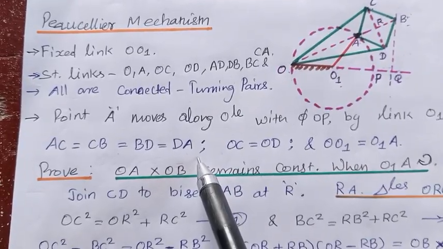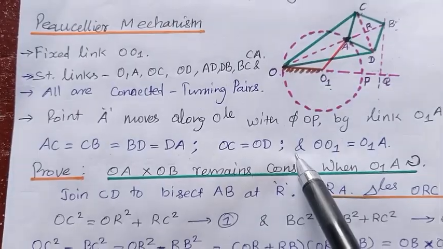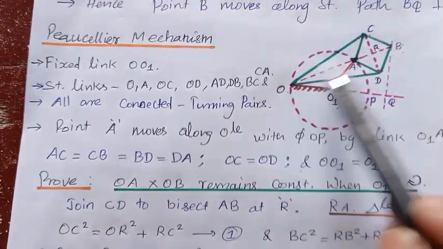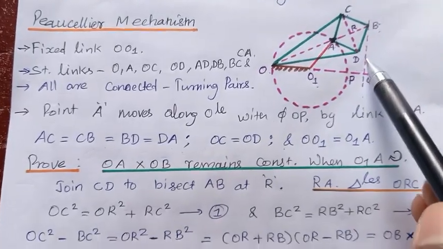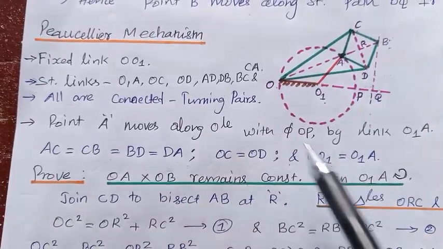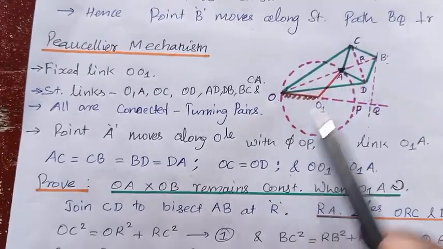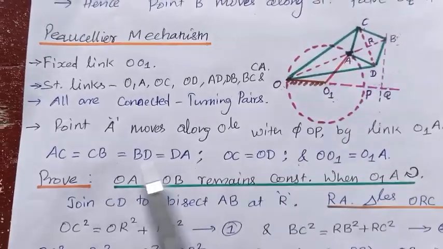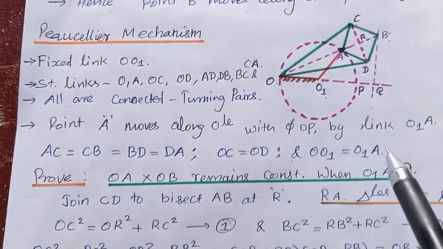All the lengths are equal, so these form a jointed parallelogram. OC equals OD. And O1 and O1A are also the same length. This is the main parameter.